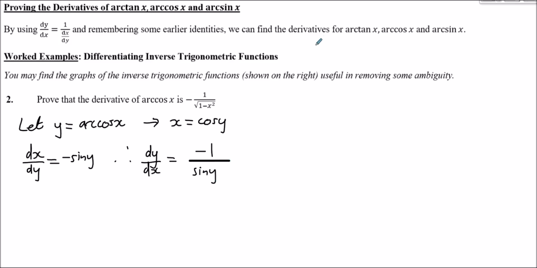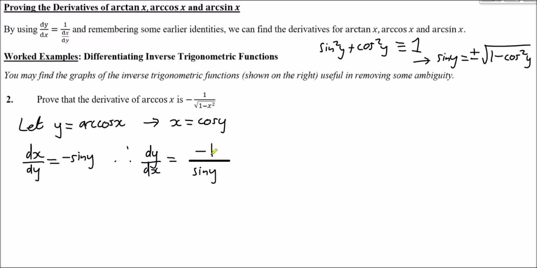Again, if we just remember that sine squared plus cos squared is 1, we can again, like we did in the other worked example, replace sine y in terms of cos squared. So in other words, if we simply subtract cos squared y from both sides, then square root, sine y is going to be plus or minus root 1 minus cos squared y.